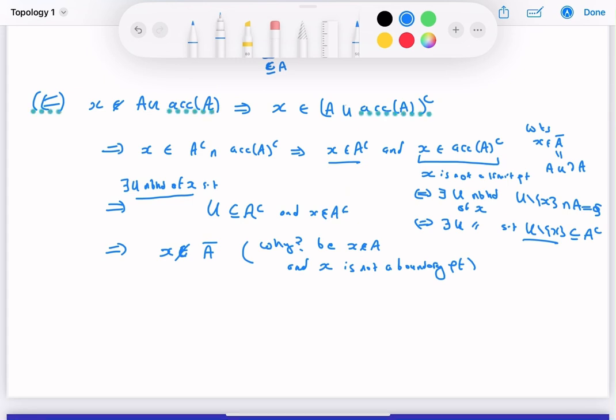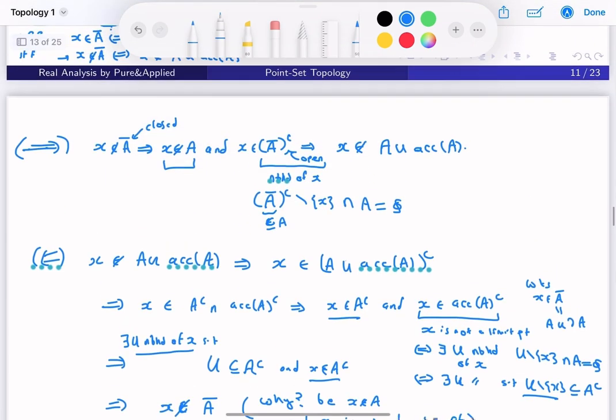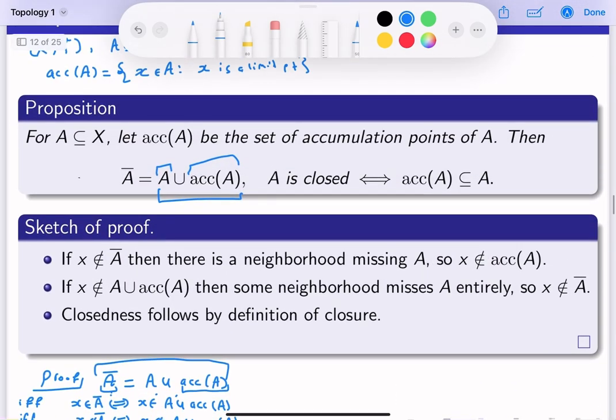So it misses A. And since that is the case, x is not a boundary point. And we already have that it's not an element of A, thus it's not an element of A bar, okay? So this finishes the proof of this equality.